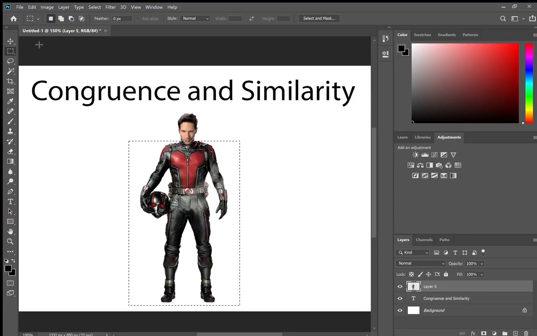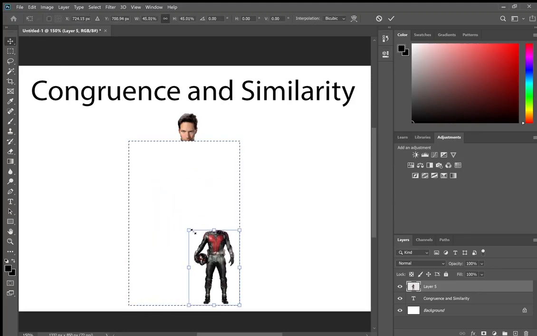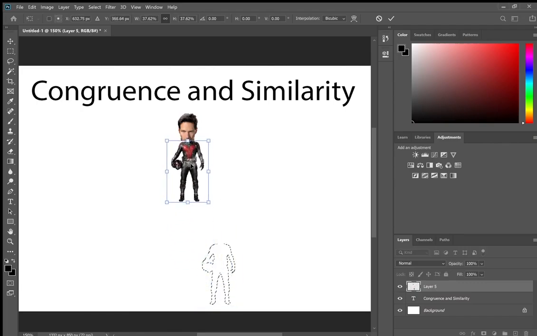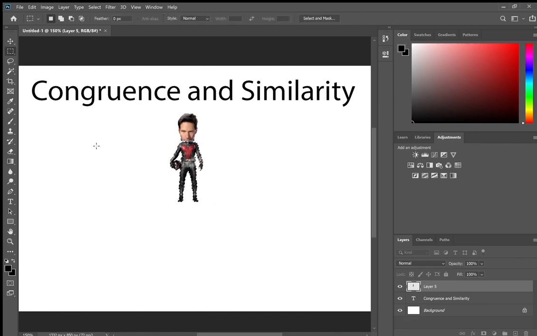If we were to just shrink down his body but leave his head normal, that's a little bit too small. There we go. Again, you can see pretty clearly that this is not the same shape, this is not the same person. He has a head that is way disproportionately larger than his body.